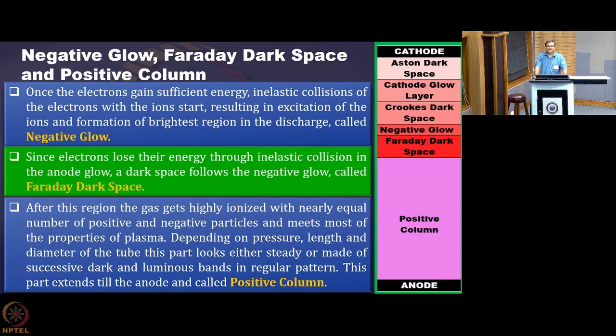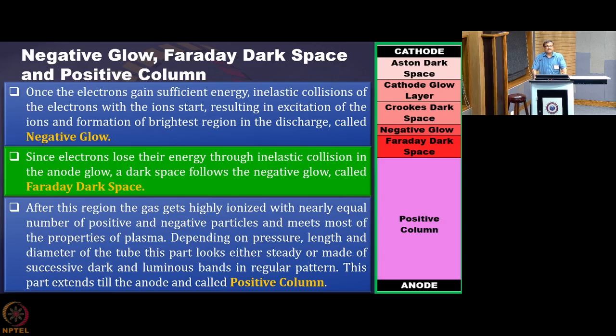After this region, the number of electrons increases more and more because they are ionizing. Maybe their energy is reducing, increasing, reducing, but their number is increasing. So after the Faraday dark space, they are huge in number, and some of them are definitely making collisions which ionize.